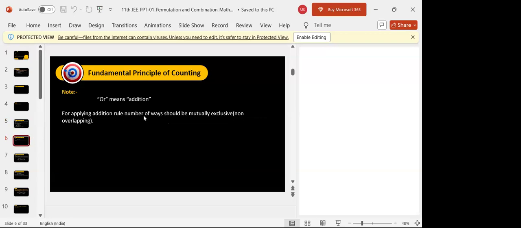For applying the addition rule, the number of ways should be mutually exclusive or non-overlapping. Or means addition, and means multiplication. Please make a note of that.